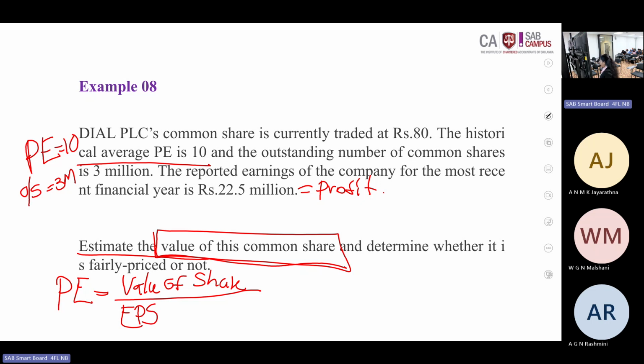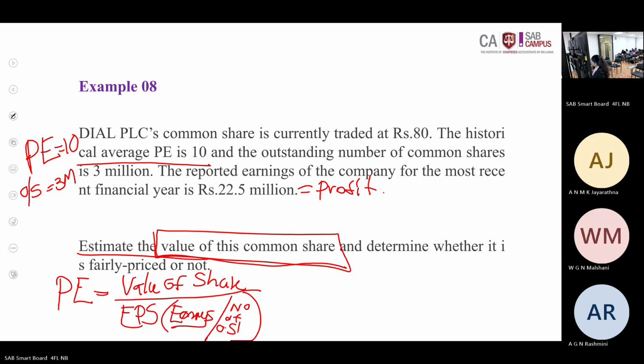How can we obtain the EPS? In the growth rate calculation, we identified EPS, earnings per share, as total earnings divided by the number of ordinary shares.